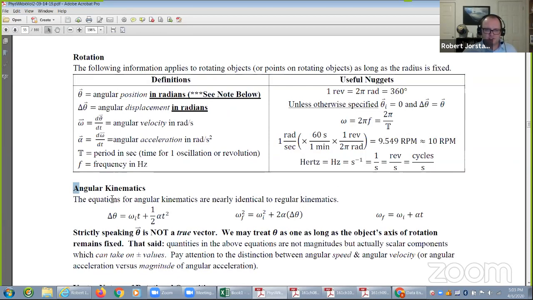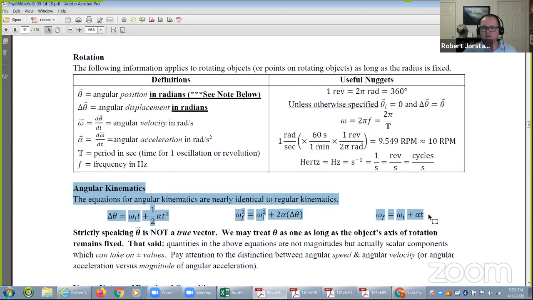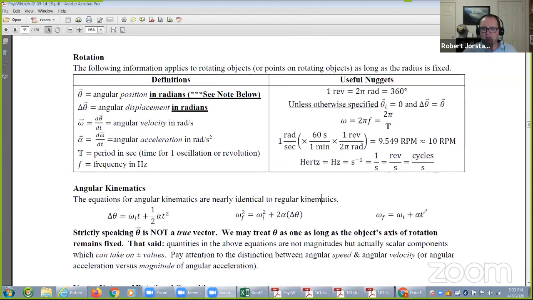Now, just like before, we had kinematics. We could use the same equations. Look at these. This is like A, right? It's not quite the same. This is like V, and this would be like V final, and this would be like V initial, right?